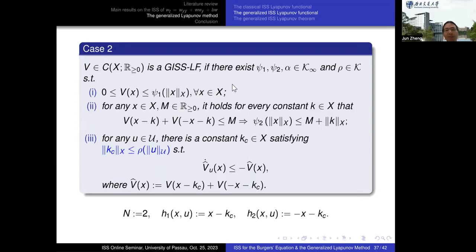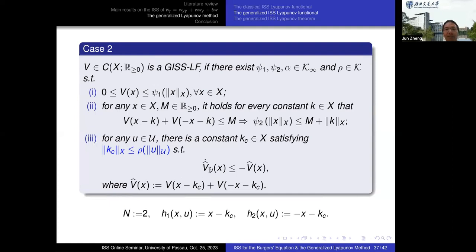The second special case is given by this. If we can find some functions V satisfying these three conditions, then such V is also a generalized ISS Lyapunov functional. Here, we would like to find a constant Kc, which is determined by the external input.